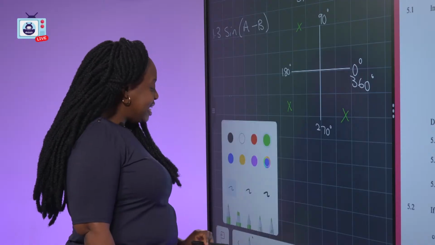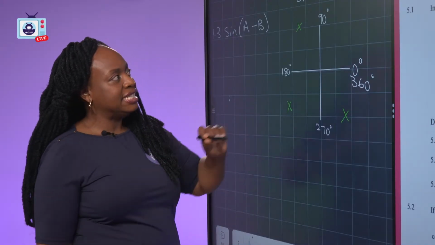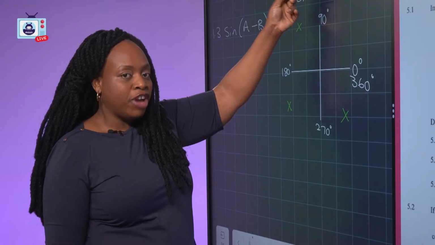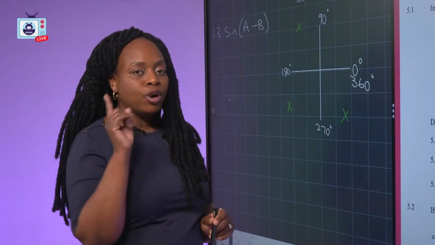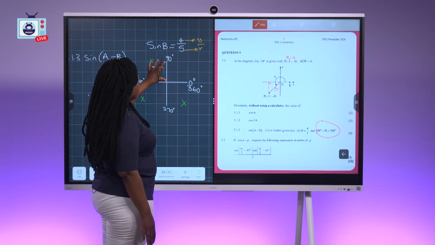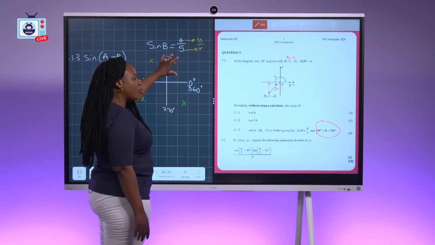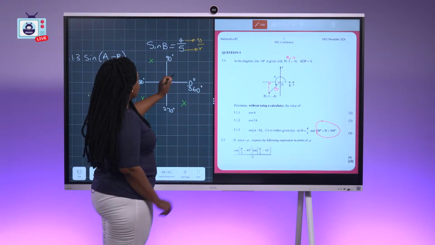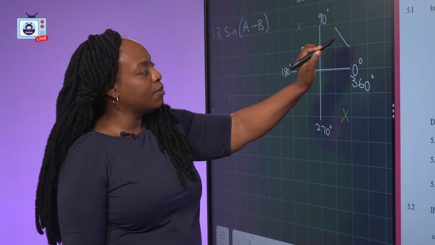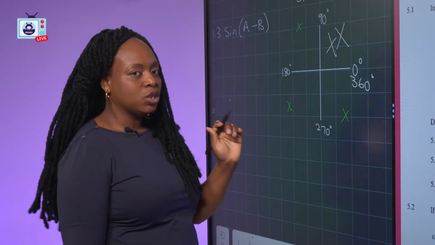But what will guide us then will be what is given to us in terms of the y value. So our y value is positive. That simply means that everything that we are going to do, we must do it where y is positive, which is on the top quadrants, first or second. Since the first is already not part of it, we're only focusing on the second quadrant.